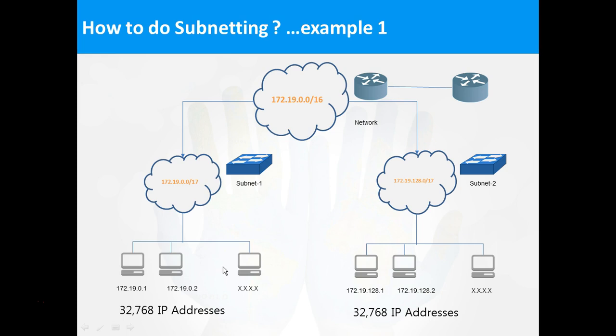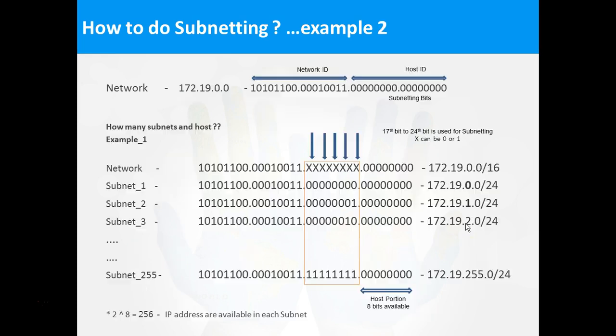So it will be better if you see another example. But in that example, I am going to consider a lot more bits for subnetting. Here is another example where you are taking the entire third octet.